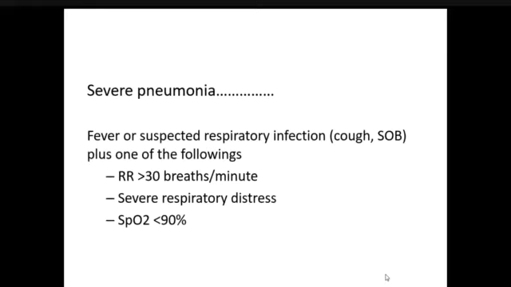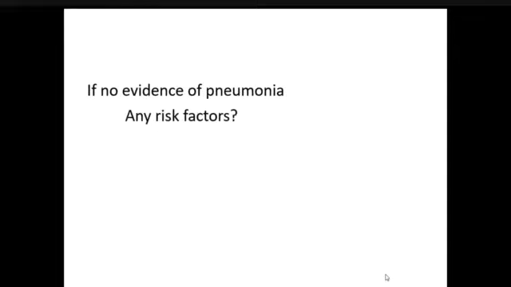The definition of severe pneumonia is fever or suspected respiratory infection, that means cough or SOB, plus one of the following: respiratory rate more than 30 breaths per minute, severe respiratory distress, or SpO2 less than 90. So if the patient has one of these things plus a respiratory tract infection, we call it severe pneumonia.